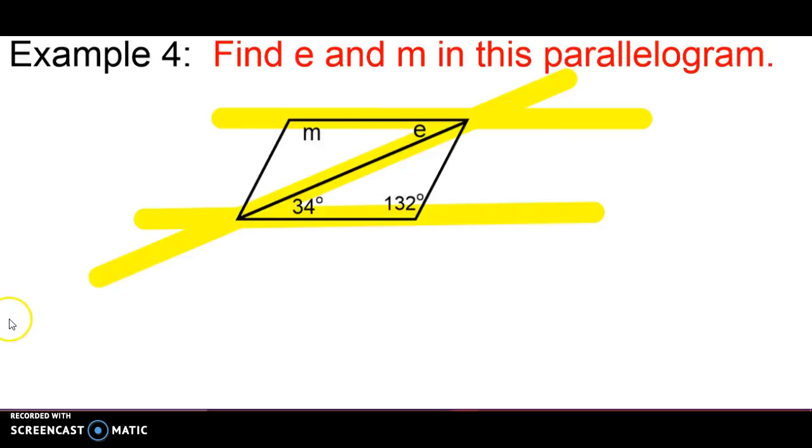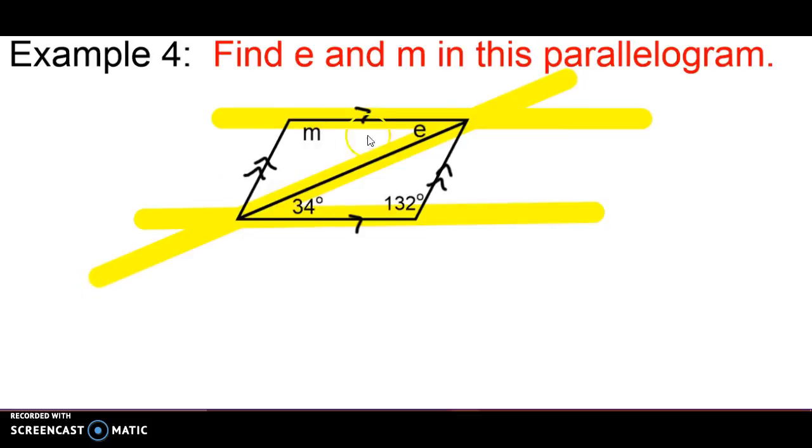Example 4, now we're talking about angle measurements. We're looking for angle measurements E and M. It says it's a parallelogram, so I can go ahead and draw in my parallel sides, since that is the definition of a parallelogram. Now we can use some things that we learned from first semester geometry. You'll notice I already drew in my first set of parallel lines and its transversal.